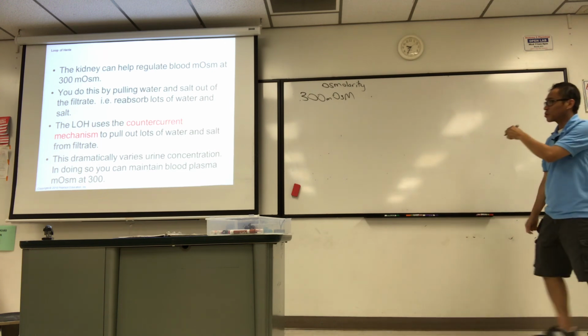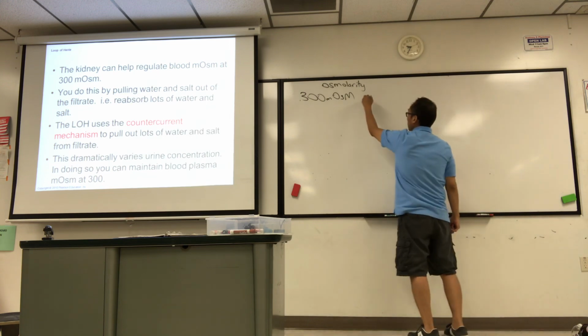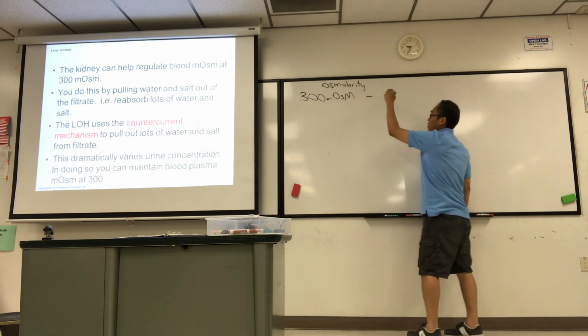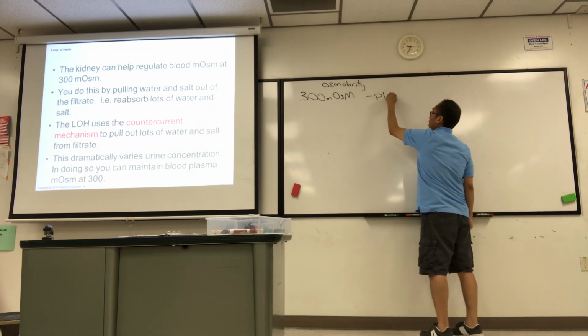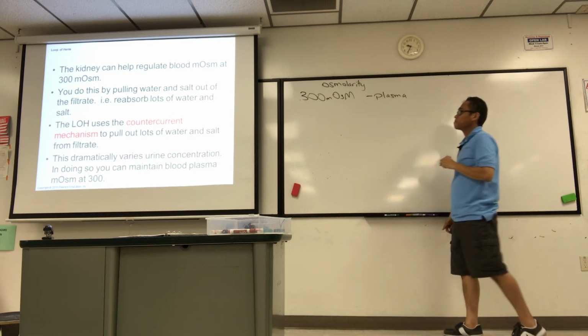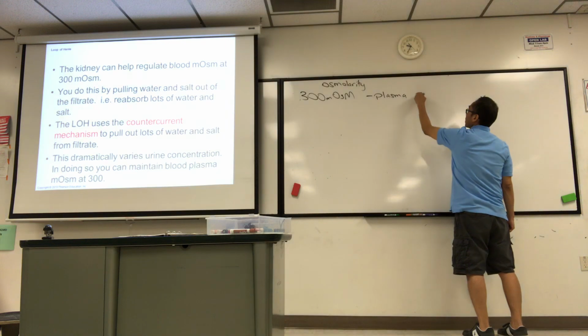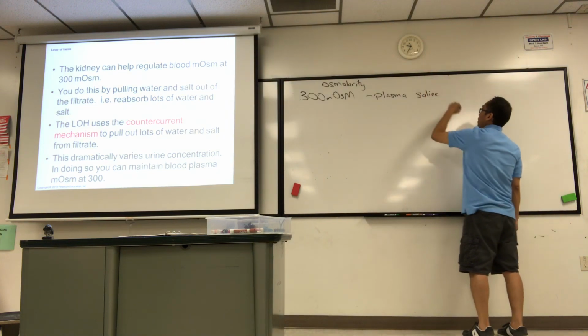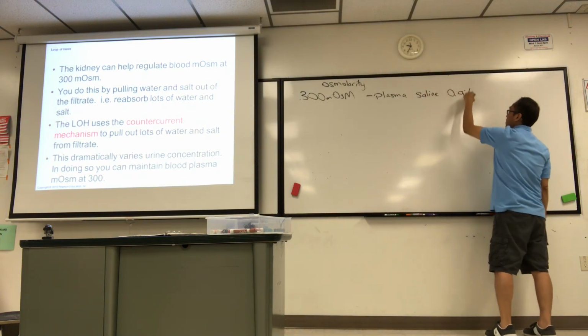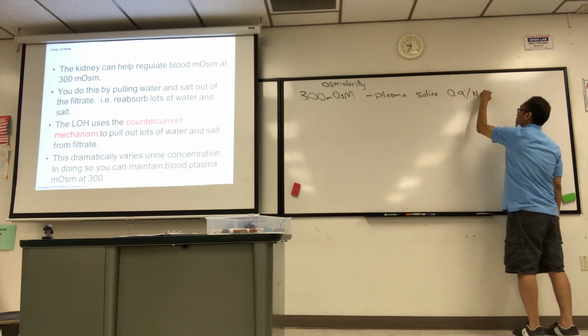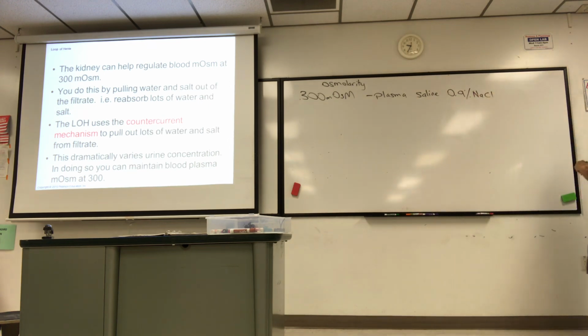To put in terms of what 300 is, it's pretty much plasma concentration. It's the plasma saltiness, like saline. Saline is basically a 0.9 sodium chloride solution. So that's approximately what is meant by 300, relatively isotonic.